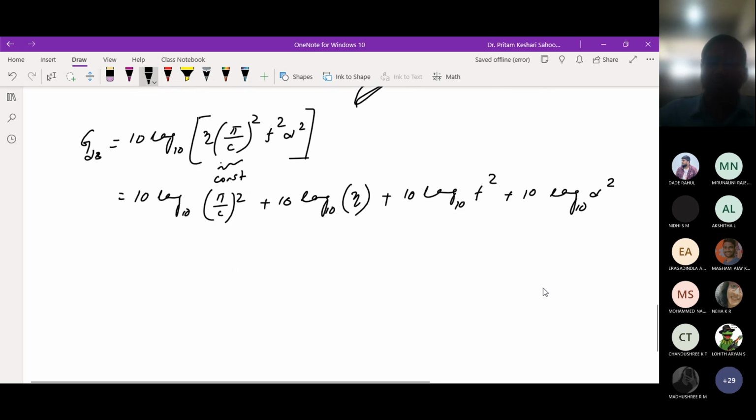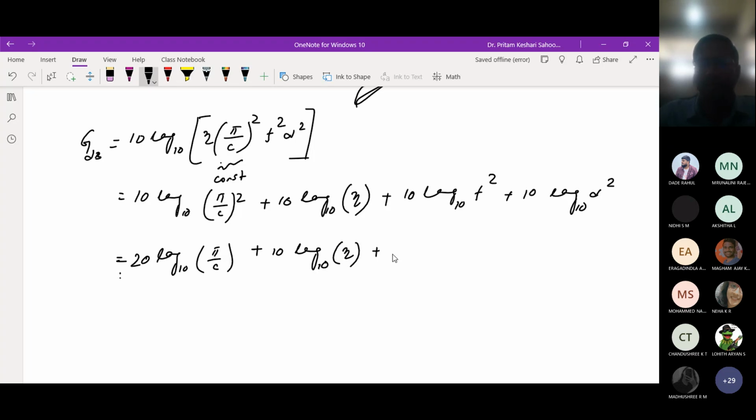So this I can also write as 20 log base 10 of pi by c, plus 10 log base 10 of eta, plus 20 log base 10 of f, plus 20 log base 10 of d.